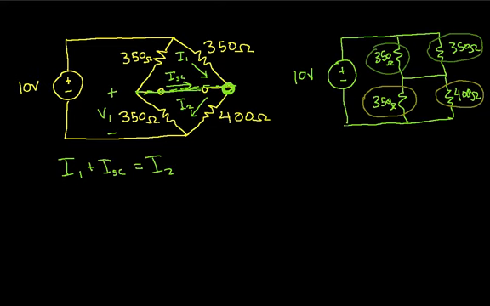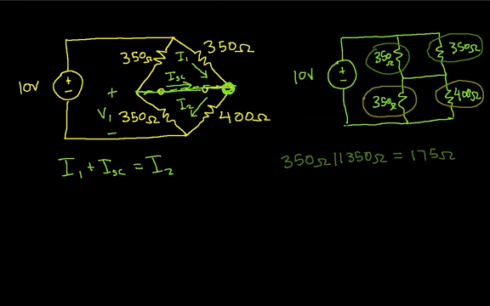Okay, so 350 in parallel with 350 gives me 175 ohms.